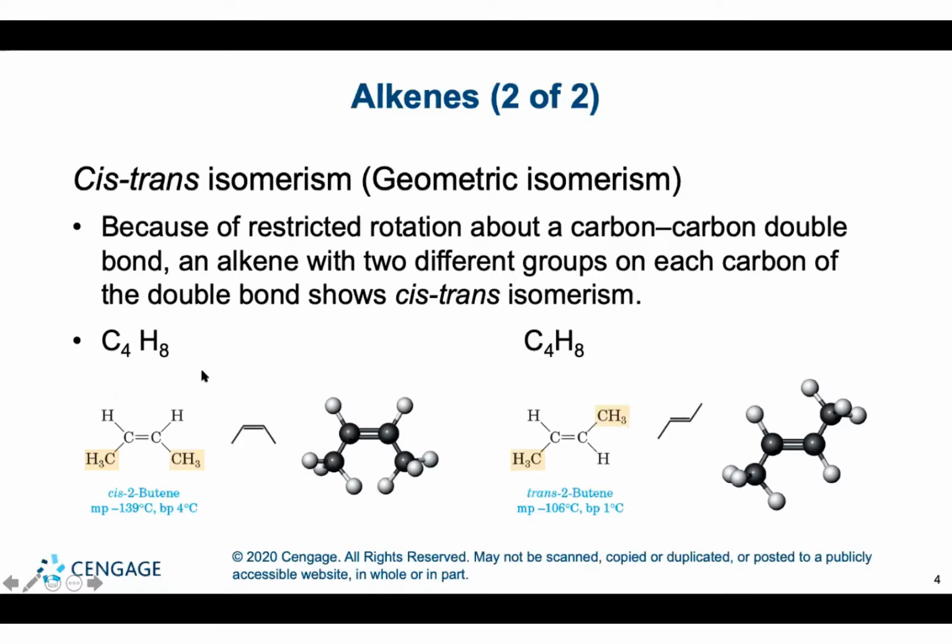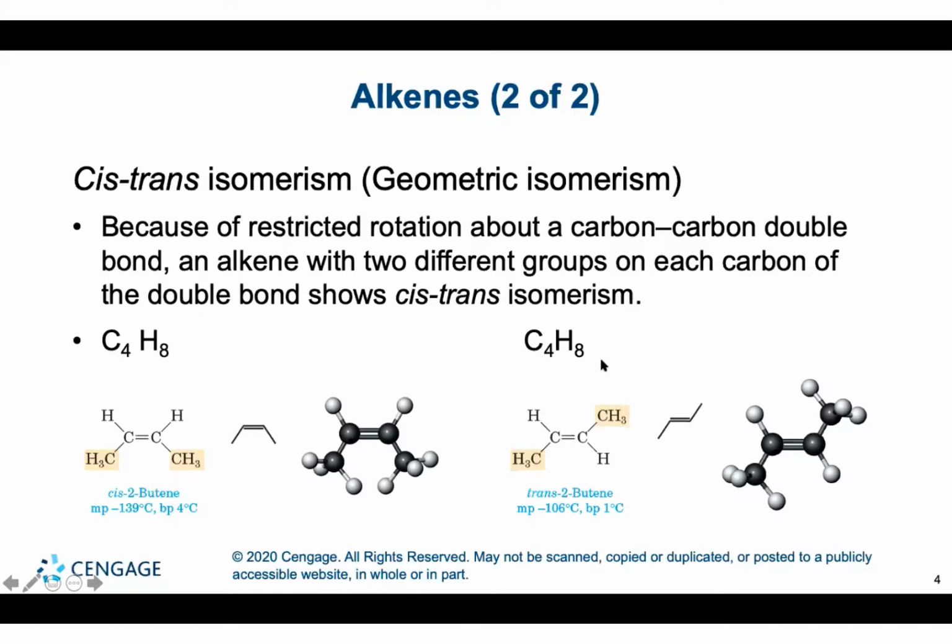You can see that this compound has the molecular formula of C4H8, but if you pay attention closely, you see that the heavier branches of the alkene are on one side of the double bond. There are two CH3 groups on one side and two hydrogens on the other side, on the upper side.